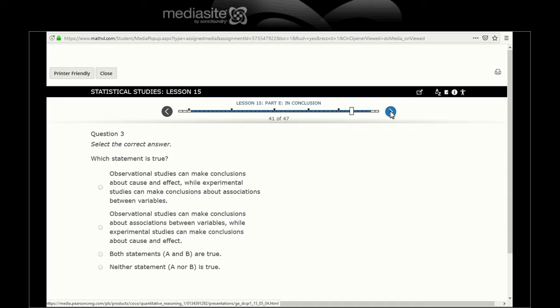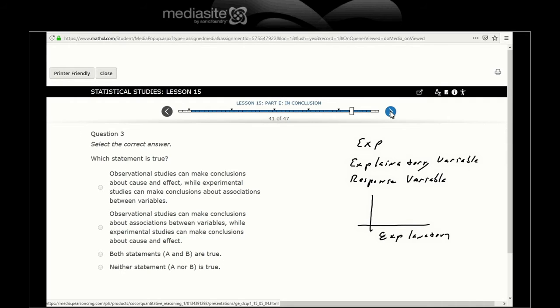What do we know about experimental studies? Well, we have an explanatory variable and a response variable, and the whole idea of doing experiments is to see if there is a cause and effect between explanatory and response.